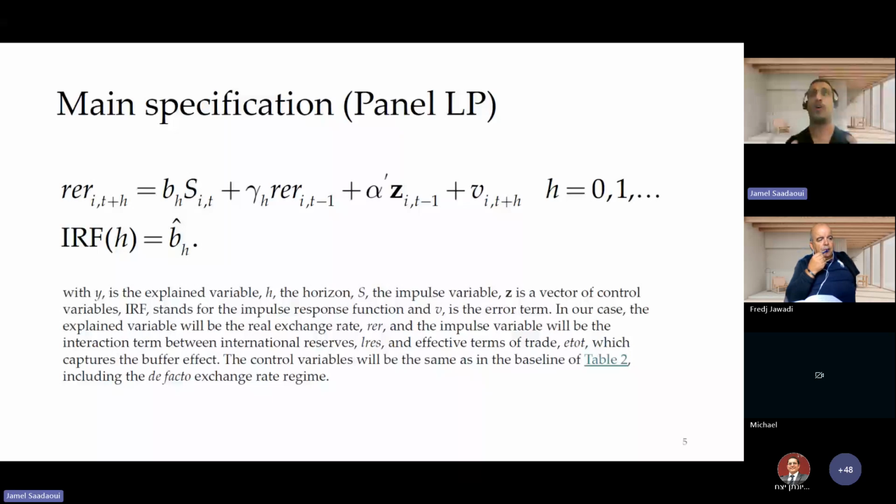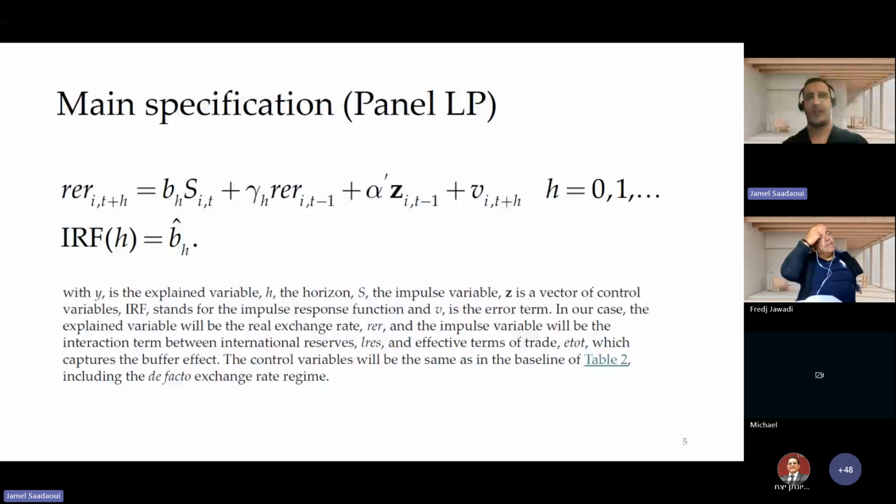We will then have a gamma h with a lag of the real effective exchange rate to consider the persistence of the series, and then we have a set of control variables. Keep also in mind that local projections have a great advantage in dealing with non-stationarity.